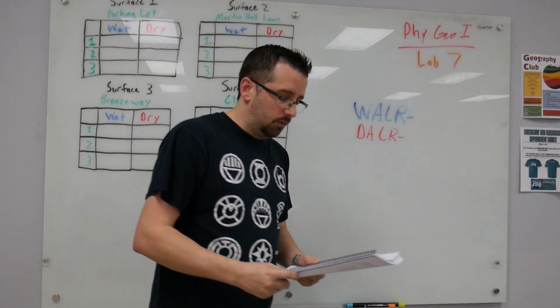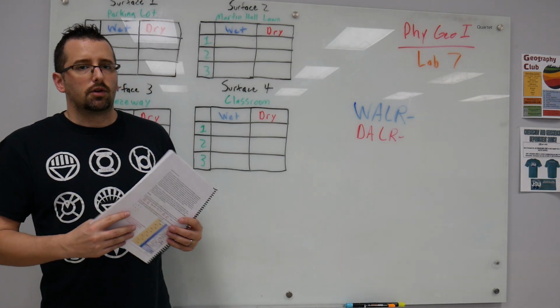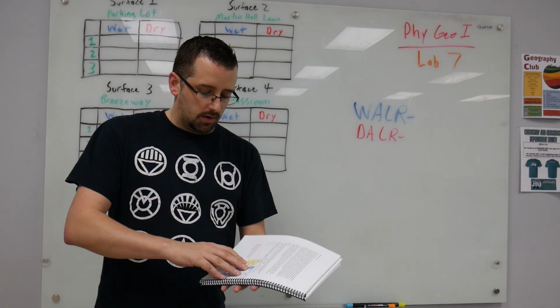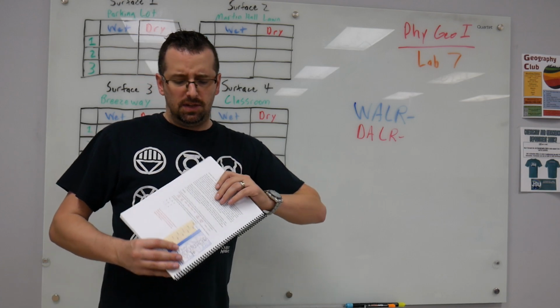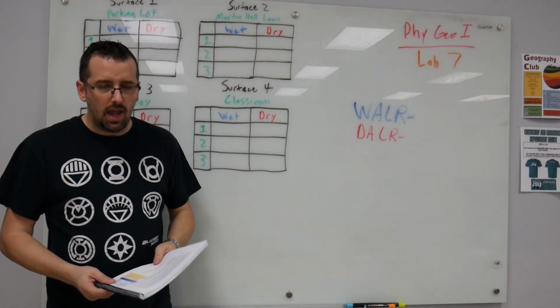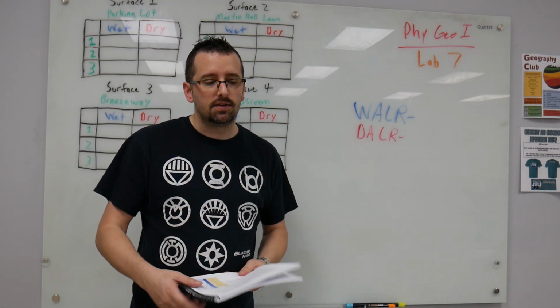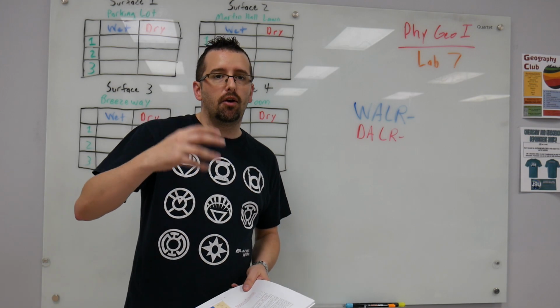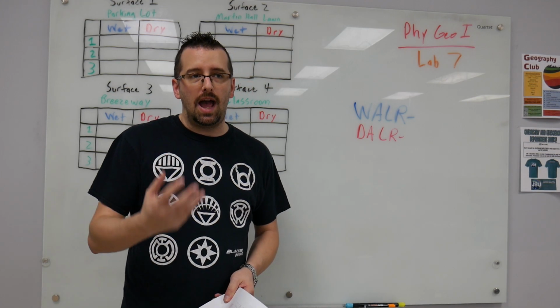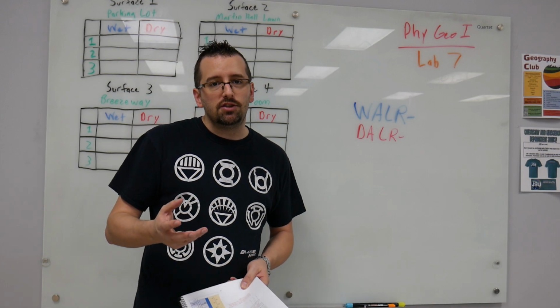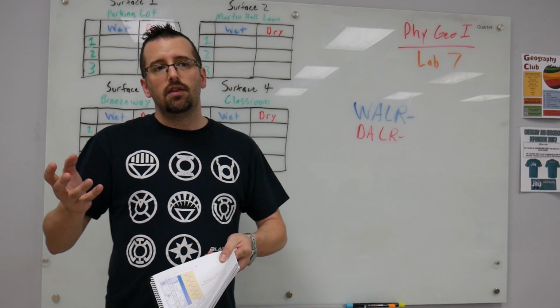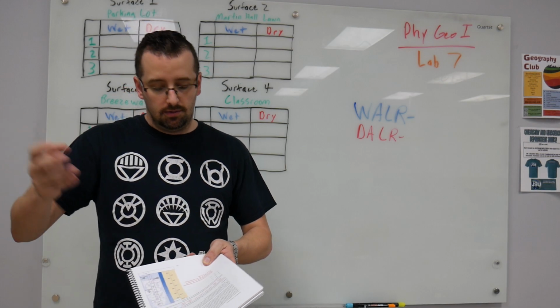So you will see a graphic in your lab manual here on page 64. What it will show you is that when you have an area without saturated atmosphere, the temperature changes in a different way than it would should the air be saturated.